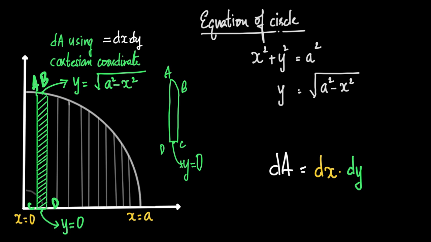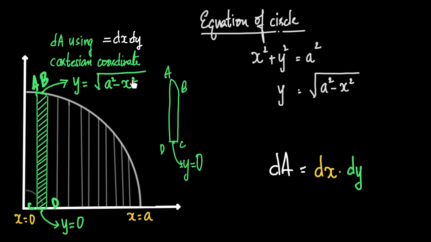Similarly, what is the value of y on this curve AB? See, this value of y will be equal to the value derived from this equation, which is root of a square minus x square. So we have a strip which has one end on the x-axis, therefore the y coordinate is 0, and the other end on the curve with the y coordinate as root of a square minus x square.